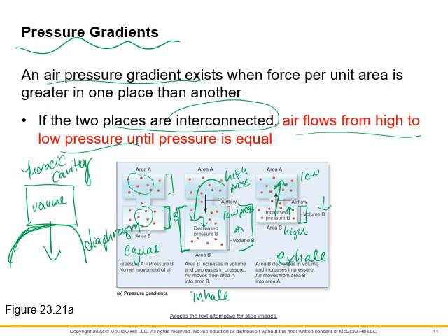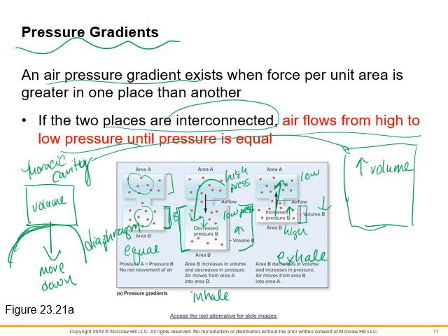So the diaphragm moves down. What happened to that volume? Did we increase the volume in the thoracic cavity by moving the diaphragm down? Yes. And if we increased the volume, we decreased the pressure.